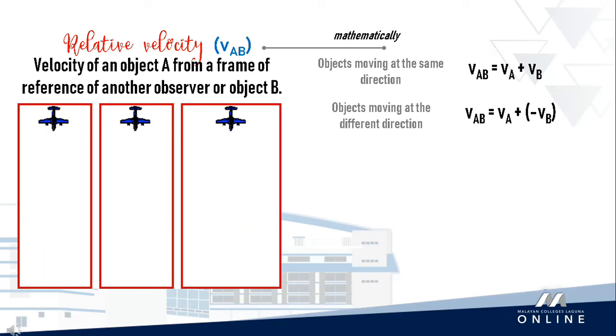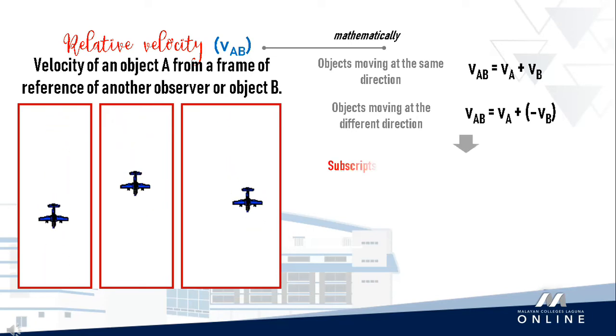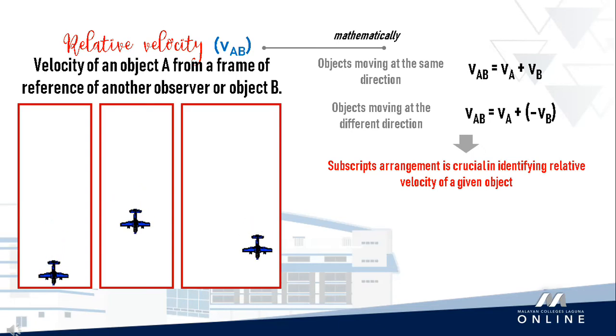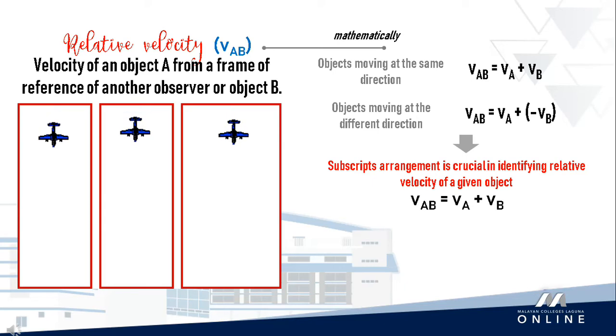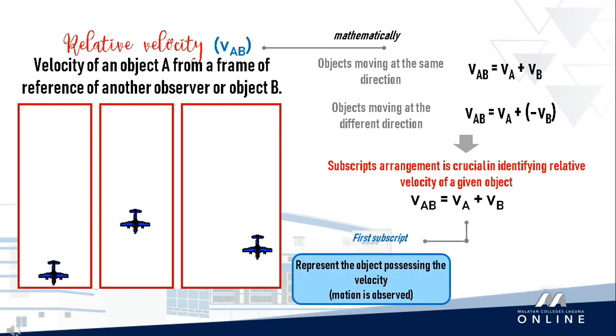But before we go further, let us emphasize that the arranging of subscripts in the relative velocity variable is extremely crucial in identifying the relative velocity of any given object. In our previous example, V sub AB, we shall interpret this as the first subscript represents the object possessing the velocity and is the one whose motion is being observed.